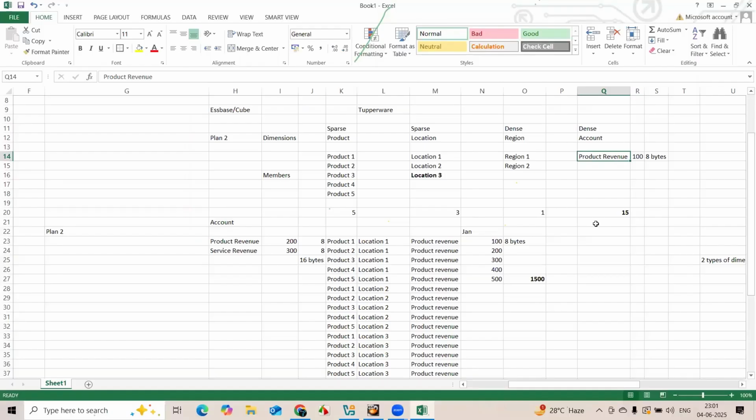So how can you decide? You can tag a dimension as dense when you see consistent usage of that dimension. Product revenue will be used consistently. Without product revenue, what can they even track?